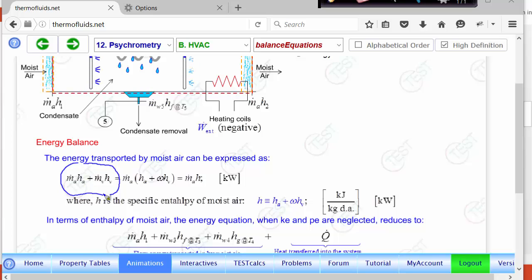Here comes a very simple helper. See, if you take m dot A out, then it becomes HA plus m dot V over m dot A, which is omega, times HV.